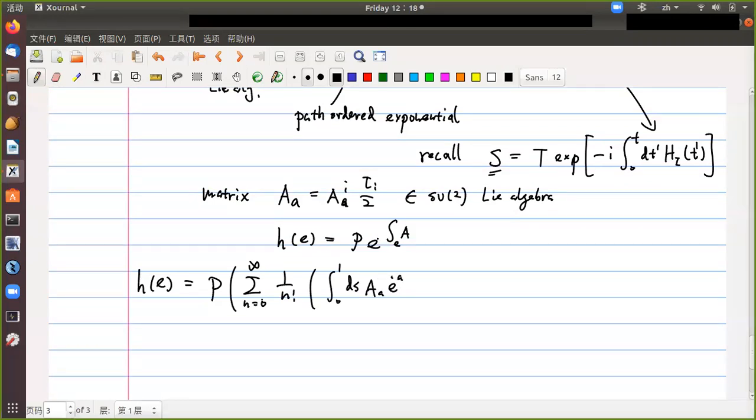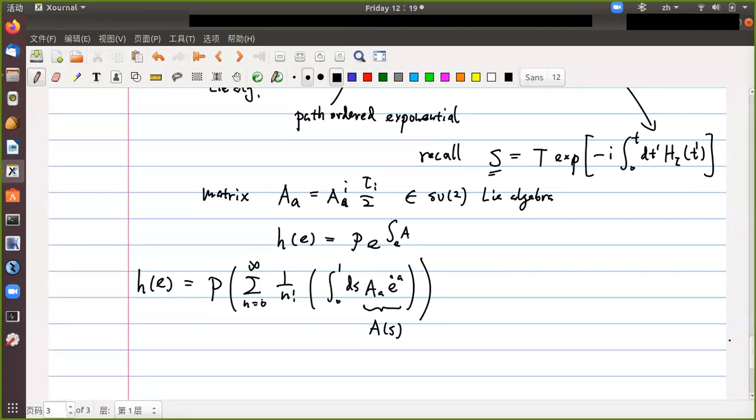Okay, so now I just use the matrix A. I will further simplify my notation: I will just call A(e dot) by A, as a function of s. So this is again a matrix, A is a matrix.